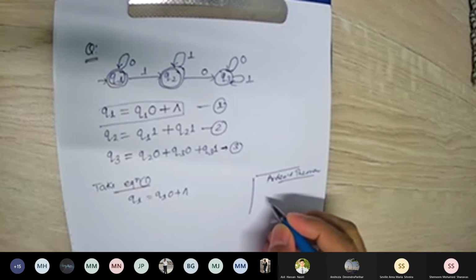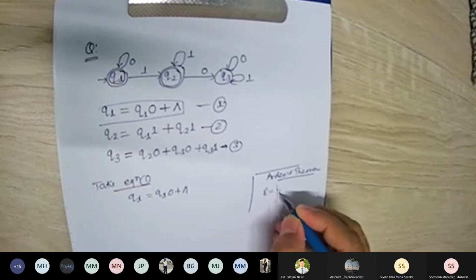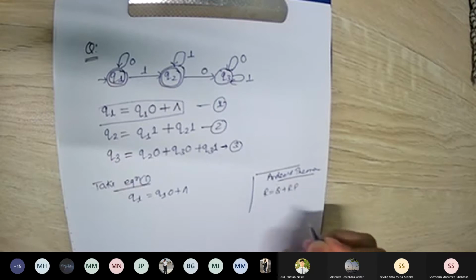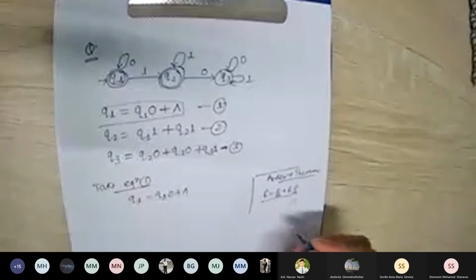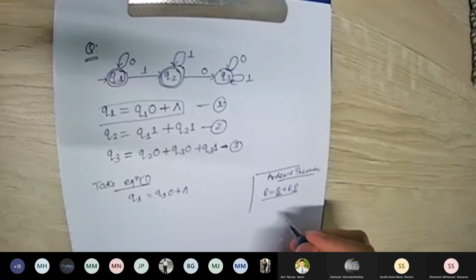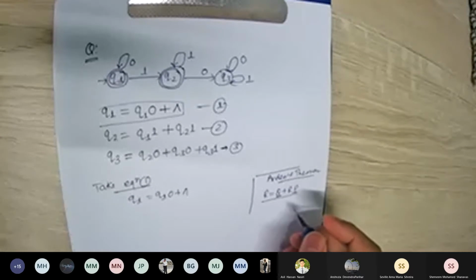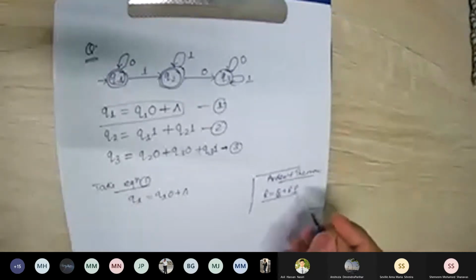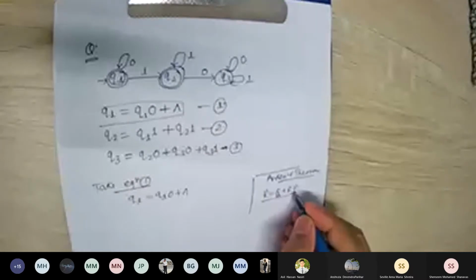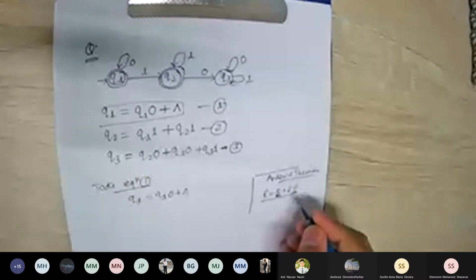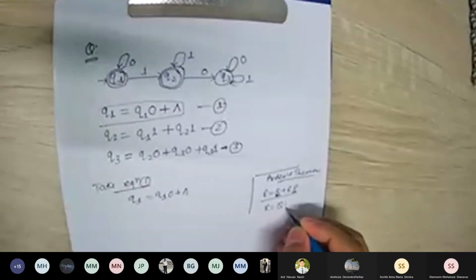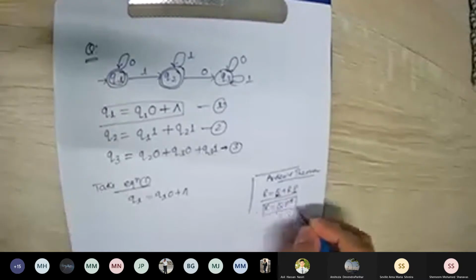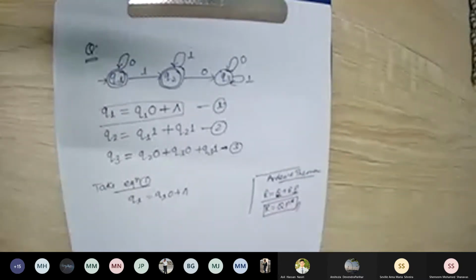If you have the equation R equal to Q plus RP, where P and Q are regular expressions and P does not contain null, then Q can be null, but P should not be null. Then there will be only one solution. What is that solution? R equal to QP star. That's what was there in Arden's theorem.